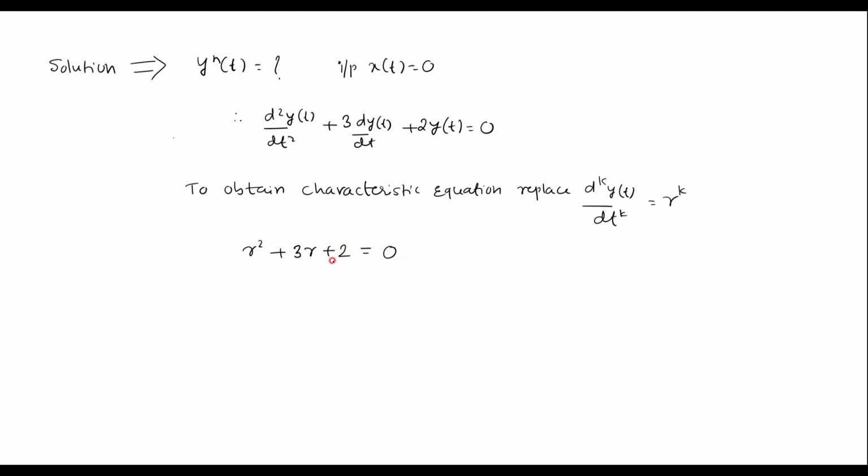Now we'll find the roots of this characteristic equation. Here the coefficient a is equal to 1, b is equal to 3 and c is equal to 2. r is equal to minus b plus or minus under root b square minus 4ac, divided by 2a.